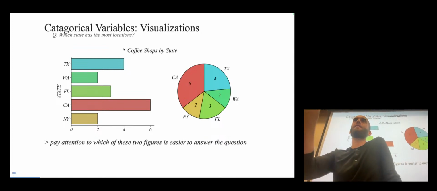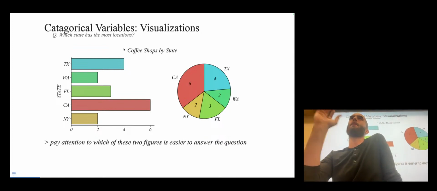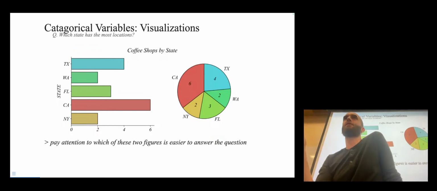I'm going to give you like 10 seconds, just look at this, pick the one that seems easier to understand, and then I'm going to ask you which one you prefer. Okay, so we have two options. We have the bar plot, and we have the pie chart.